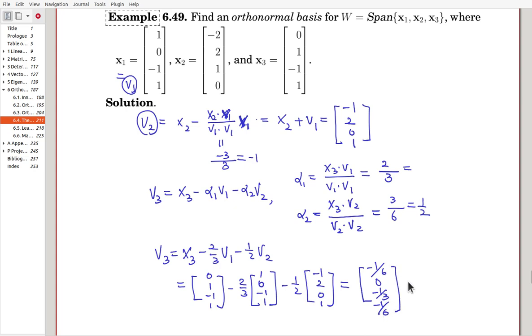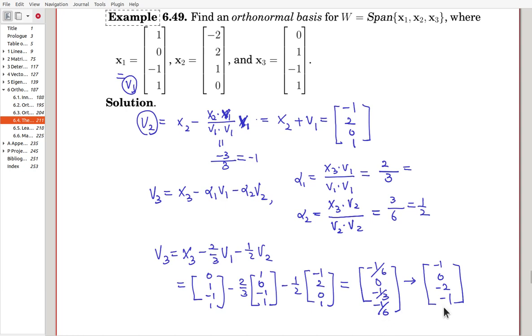Okay, so we have this one, and now that is v3, so it's not easy to deal with. You may try to get some scaling, then it's a minus 1, 0, and minus 2 and minus 1, like that. Just a moment. 6 and minus 4, minus 3. So it's a minus 1 over 6.